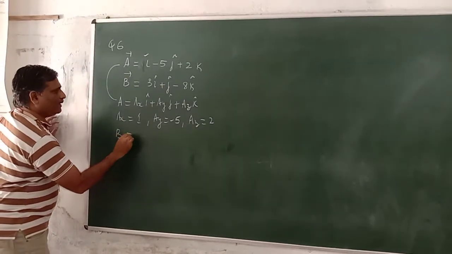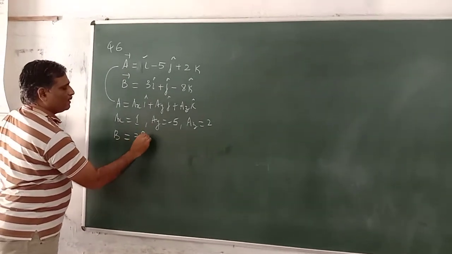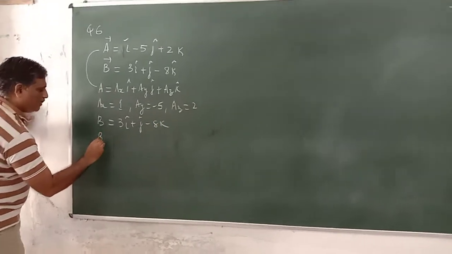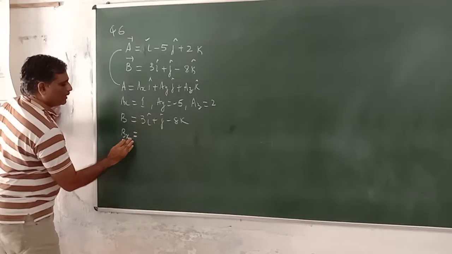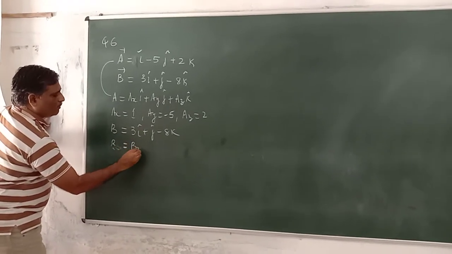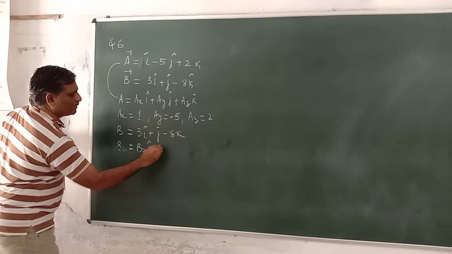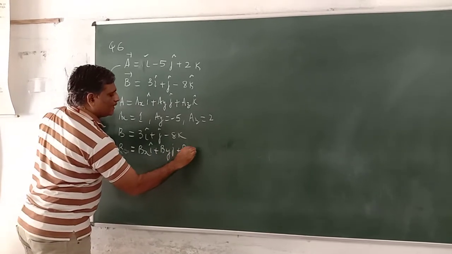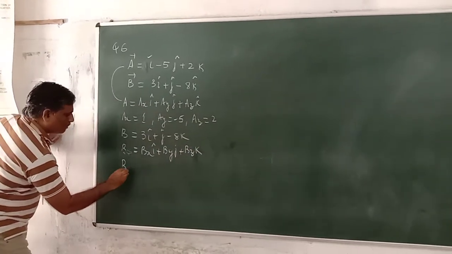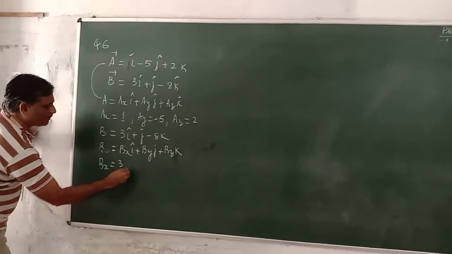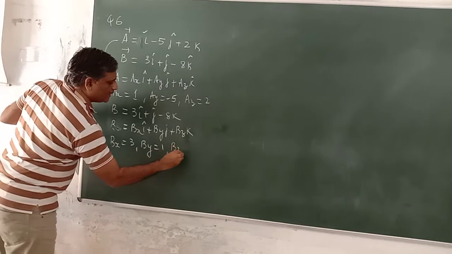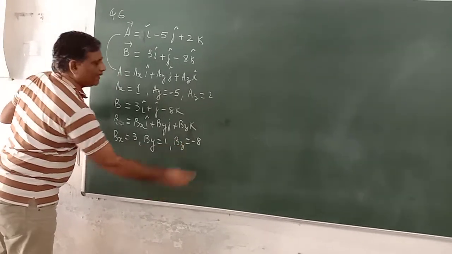Similarly, vector B is 3i + j - 8k. B is equal to BX i plus BY j plus BZ k. So BX is equal to 3, BY is equal to 1 and BZ is equal to minus 8.